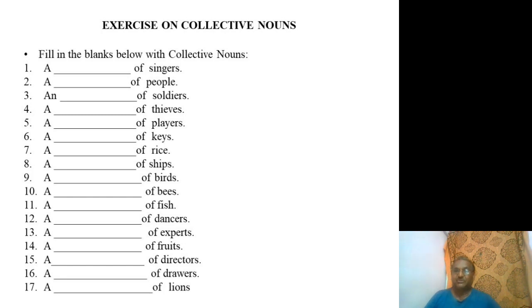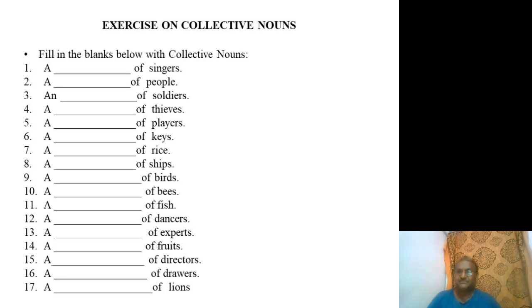Slowly Mark Antony enters the ground. Immediately all the people got up and were speaking about him. There comes Mark Antony. So what do you see? A crowd of people. Crowd means it's not one, two, three, four. A lot of people might be there in that crowd. That's why a crowd of people is the right one.